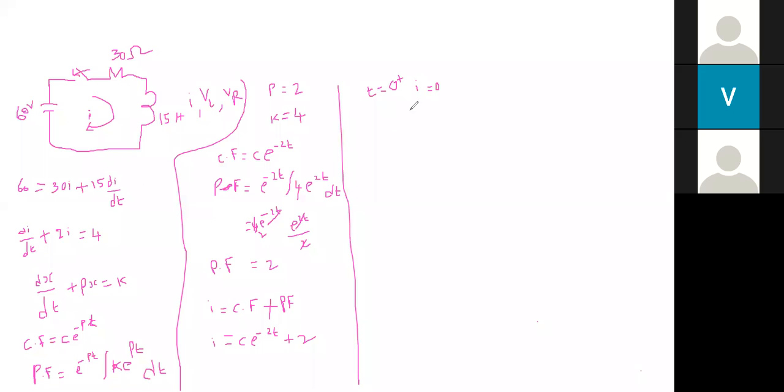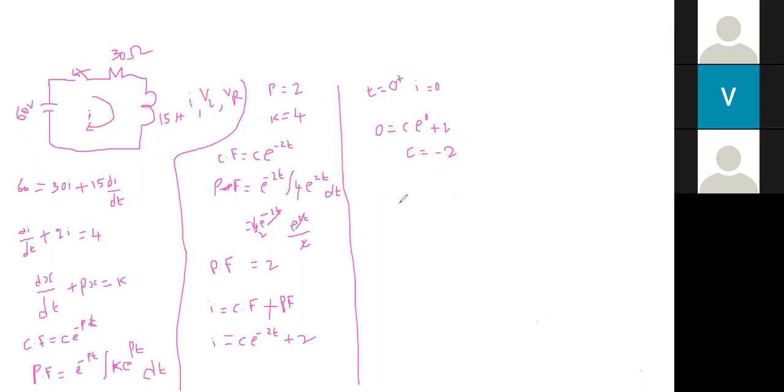Substitute t equal to 0, I equal to 0 in this equation. We get 0 equal to C into e power 0 plus 2. Then e power 0 value is 1. Then C equal to minus 2.